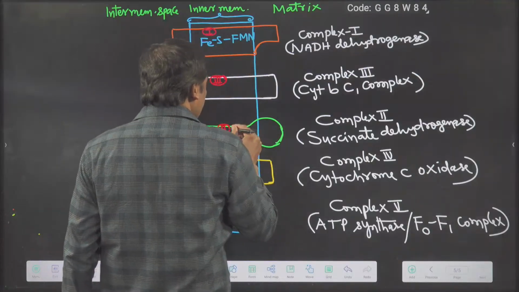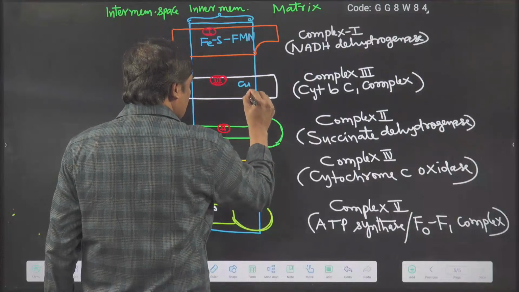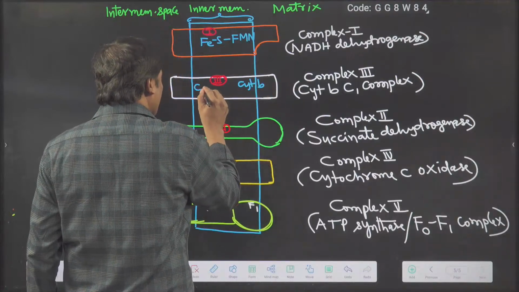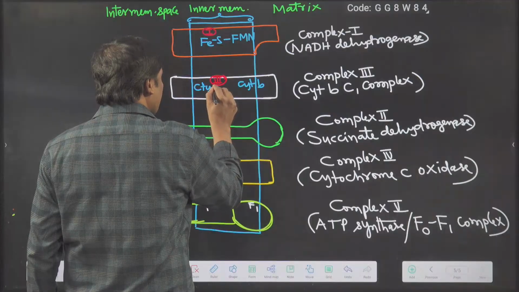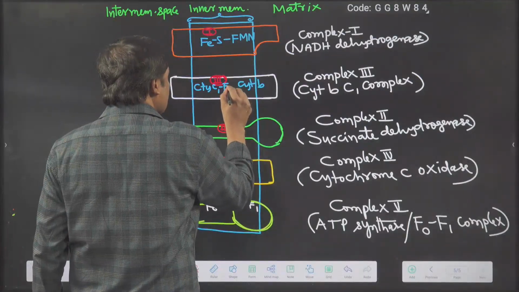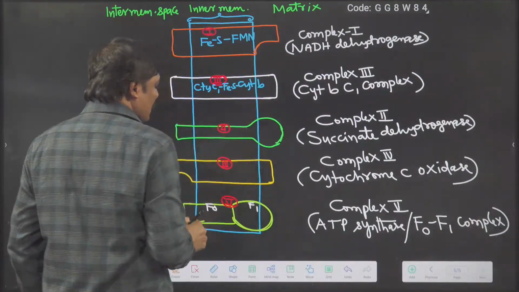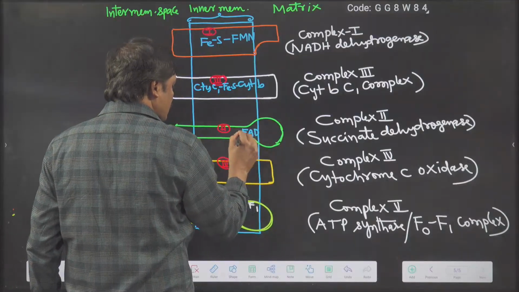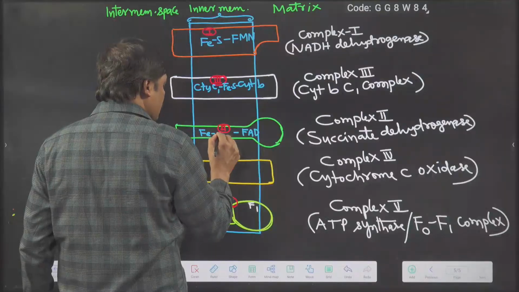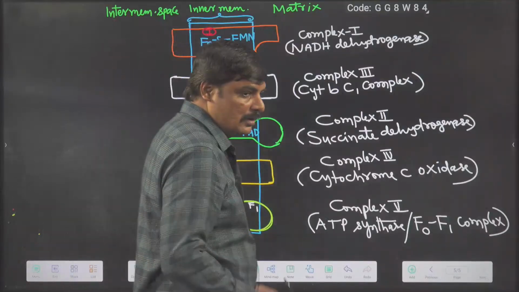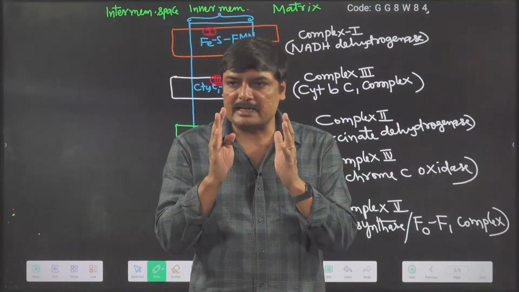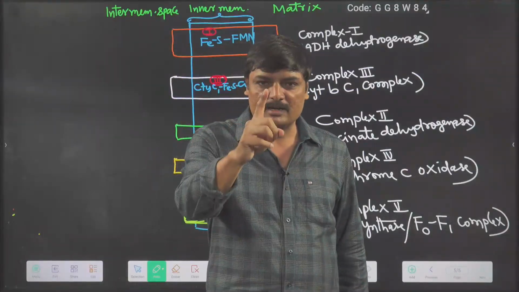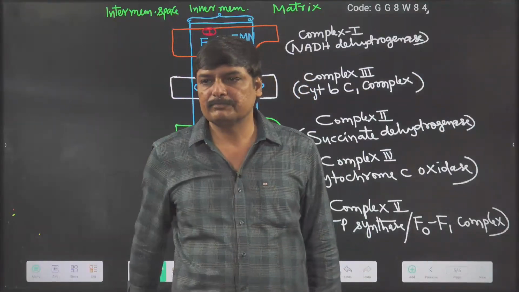In complex 3, as I said, cytochrome B, cytochrome C1 and iron sulfur center. In complex 2, FAD is present, iron sulfur center. Yes, iron sulfur centers are present in 3 complexes: complex 1, complex 2, complex 3.